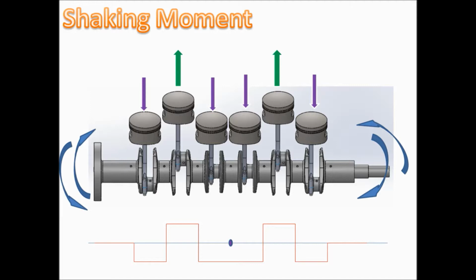Now if we take the moment in the middle of the crankshaft, we can counterbalance each force produced by the pistons, so the overall shaking moment of this crankshaft is equal to 0. This is ideal, speaking theoretically. However, in reality we still have some shaking moment due to some imbalance or error in producing the pistons.